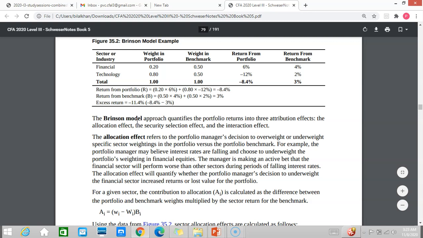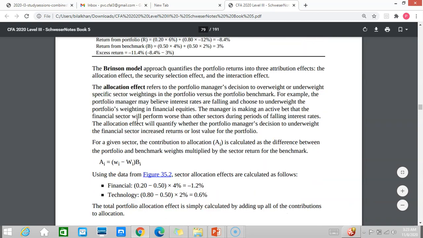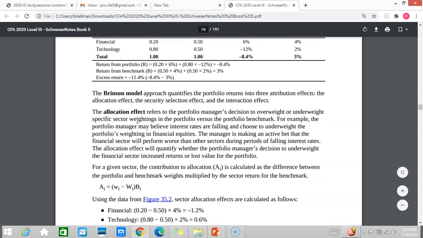So now the question is how much of it is due to allocation and how much is due to selection. To find it for allocation, this is the formula you use: weight in portfolio minus weight in benchmark multiplied by benchmark return. How would you apply it? For the financial sector, your weight is 0.2, but the benchmark had a weight of 0.5. So 0.2 minus 0.5, and the return on the benchmark was 4%.